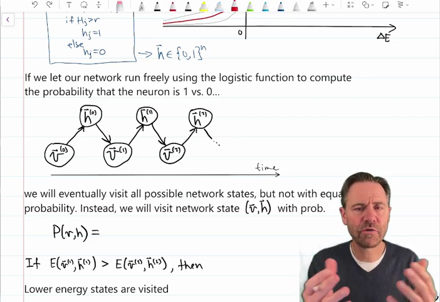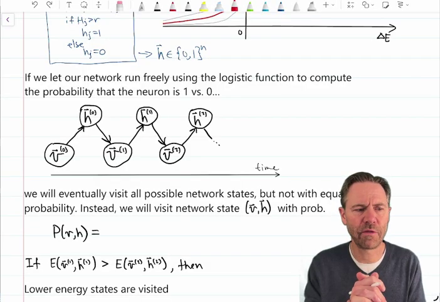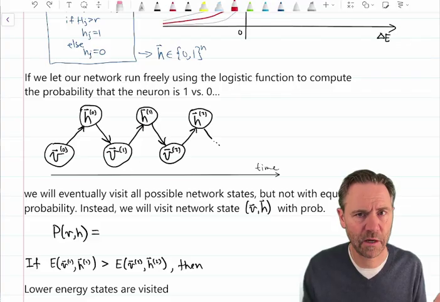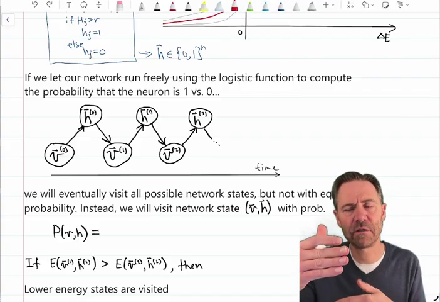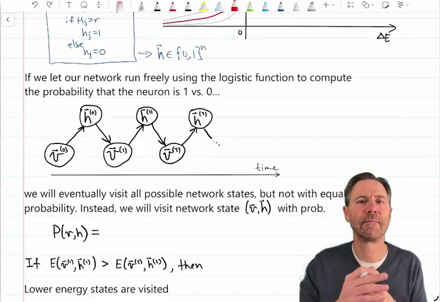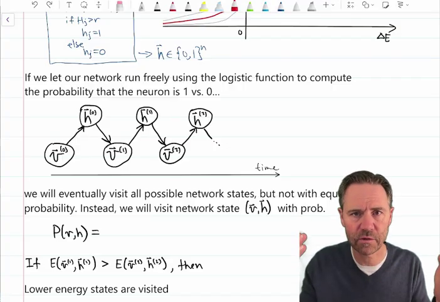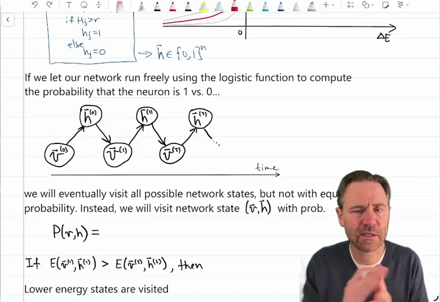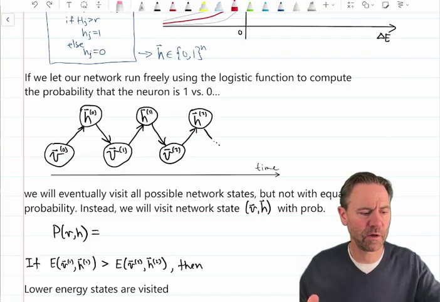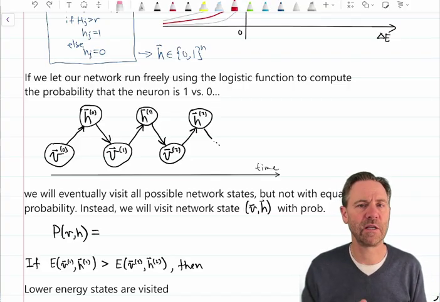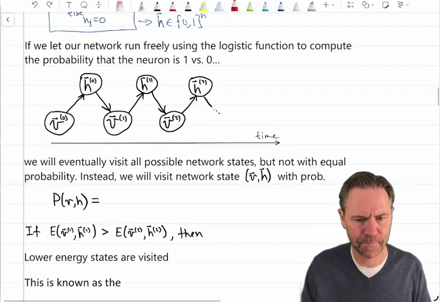I showed you the example before where there were 128 network states. If you look at the binary visible states and the binary hidden states, in total there were 7 nodes, so 2 to the 7 was 128. If you run that network with this Bernoulli process, it will occupy all 127 states, but not with equal frequency.